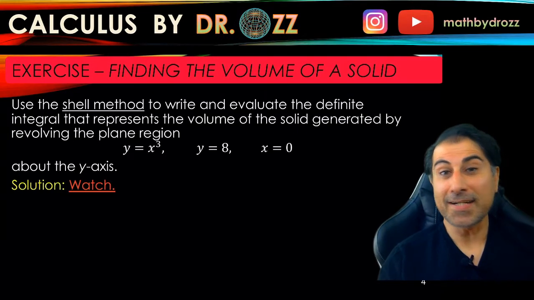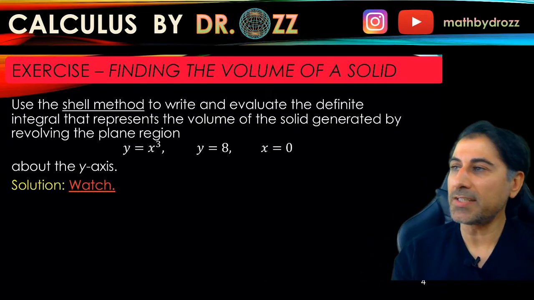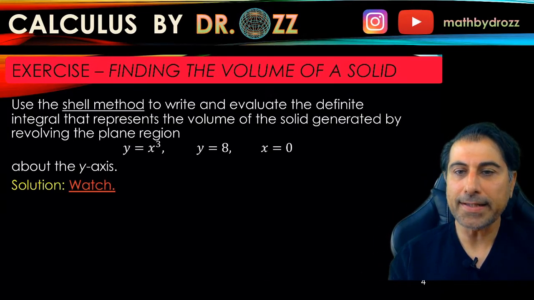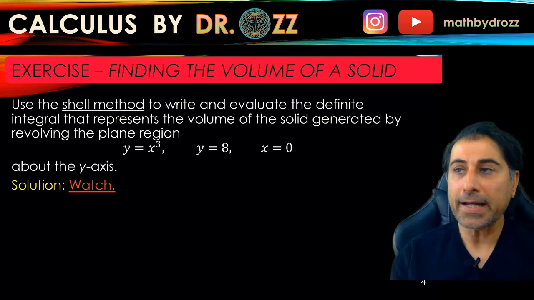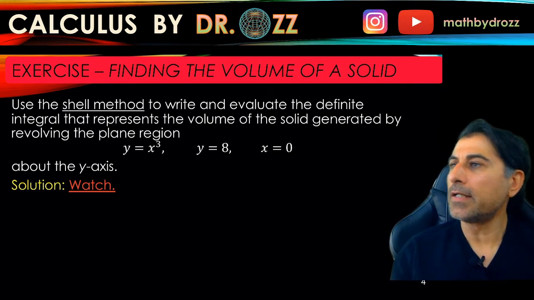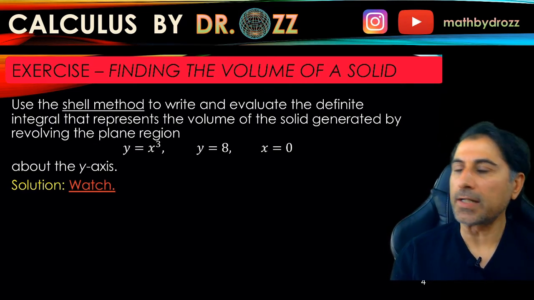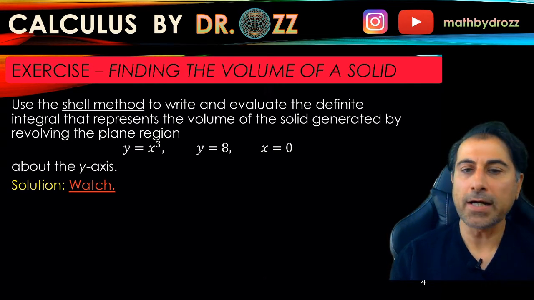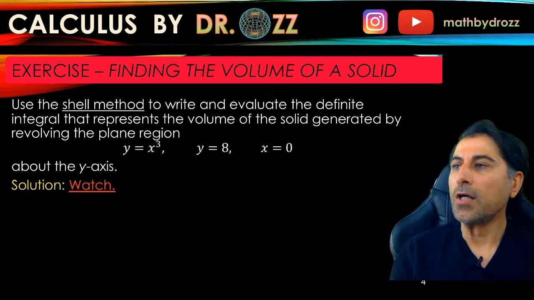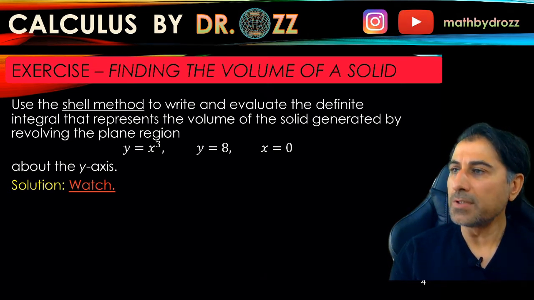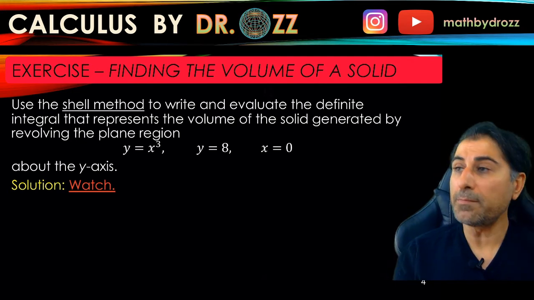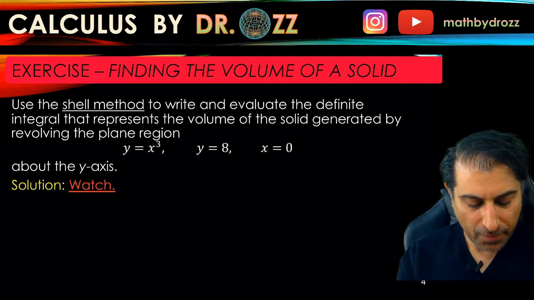All right, it's time for practice. Please visit the recitation PowerPoint slides where you're going to have 3 exercises back to back to apply the concept of the shell method. For this particular case, we have a region bounded by the curve y equals x cubed, y equals 8, the horizontal line, and x equals 0, which is the y-axis. We're going to revolve this region about the y-axis.